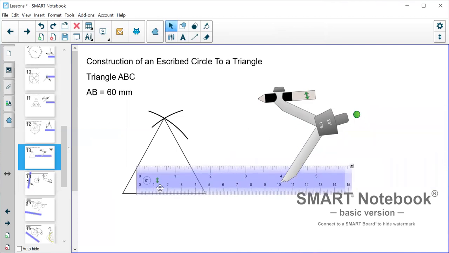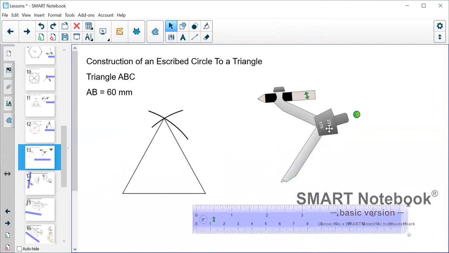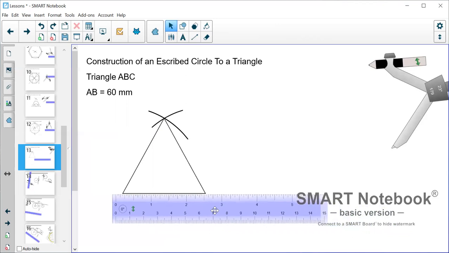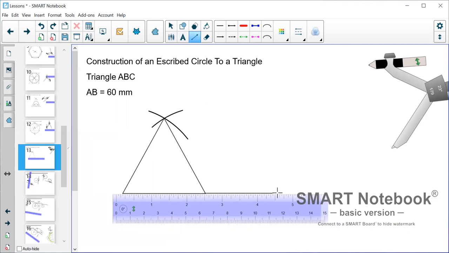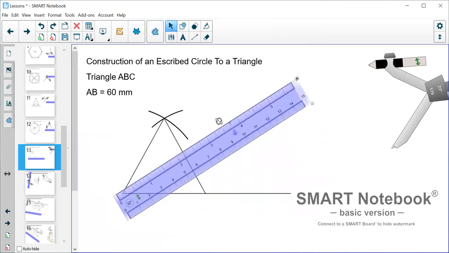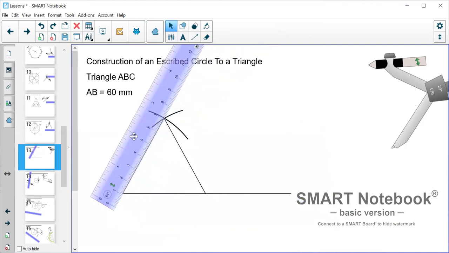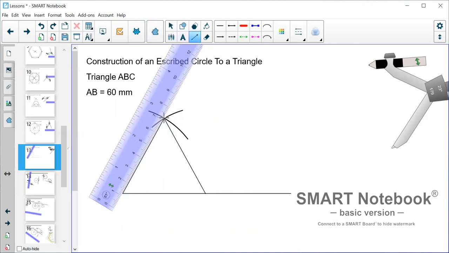Now what you would have to do next is extend two sides. Let's just say we extend AB, and we extend AC. I did not label, so you may not know which is AC and which is AB, but I'll label that shortly.